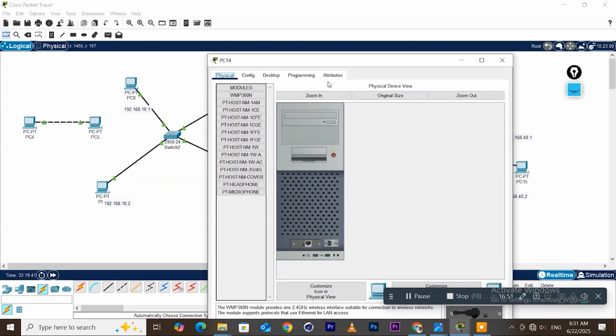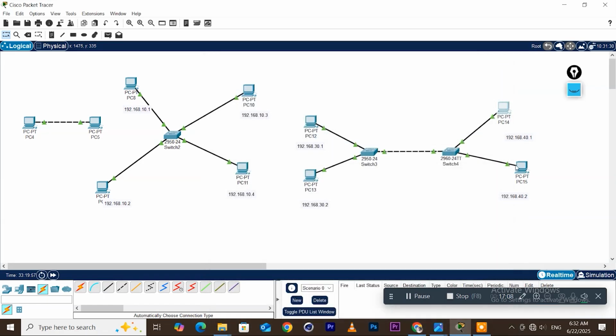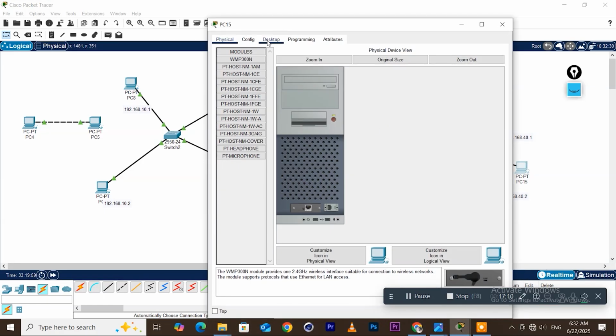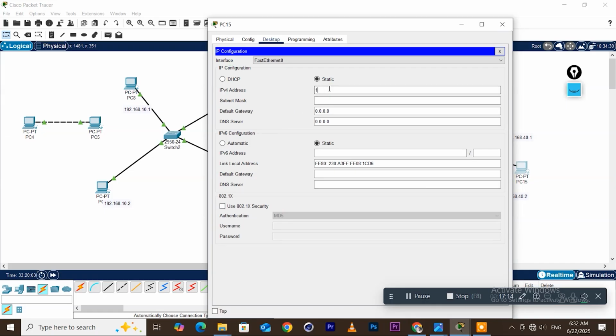And here we have 192.168.40.1, and 192.168.40.2.